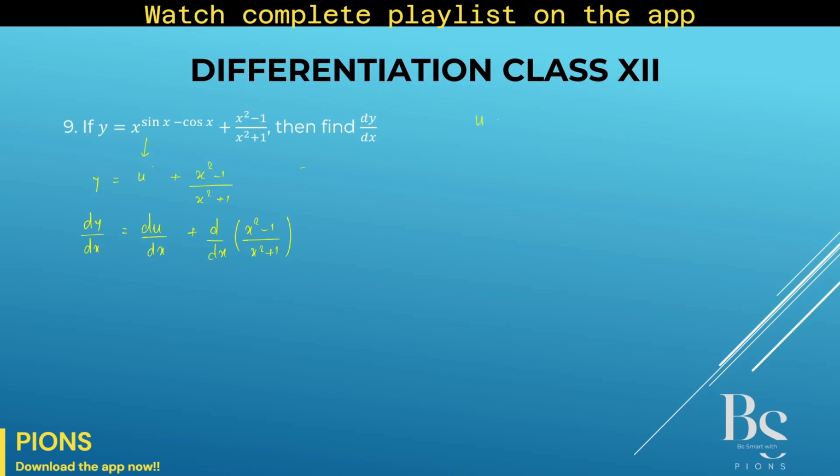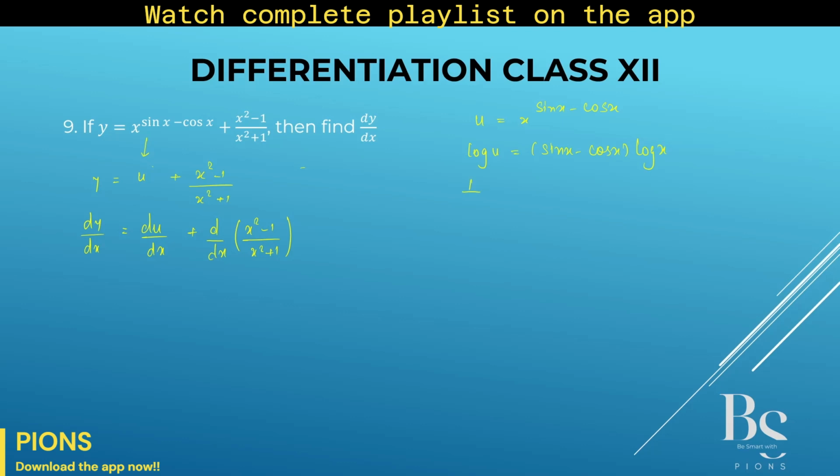So u here I have taken as x raised to sin x minus cos x. Here I don't have any choice. I have to take log. Why do I have to take log? Because it is a function in the power of a function. Taking log on both sides, it will be log u equals sin x minus cos x into log x. Power will come in front.